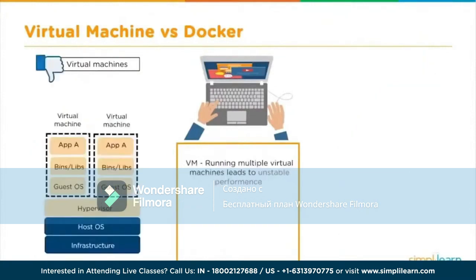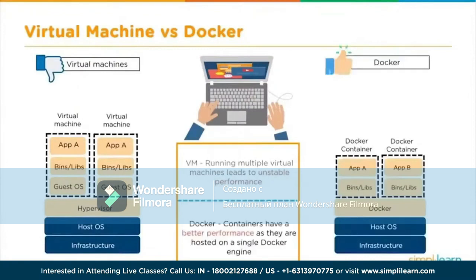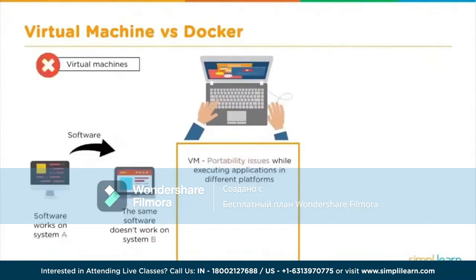Another challenge is that running multiple virtual machines in a single environment can lead to instability and performance issues, whereas Docker is designed to run multiple containers in the same environment and actually gets better the more containers you run in that single Docker engine. Portability issues with a virtual machine are that the software can work on one machine, but when you move that VM to another machine, some of the software won't work because some dependencies haven't been inherited correctly.